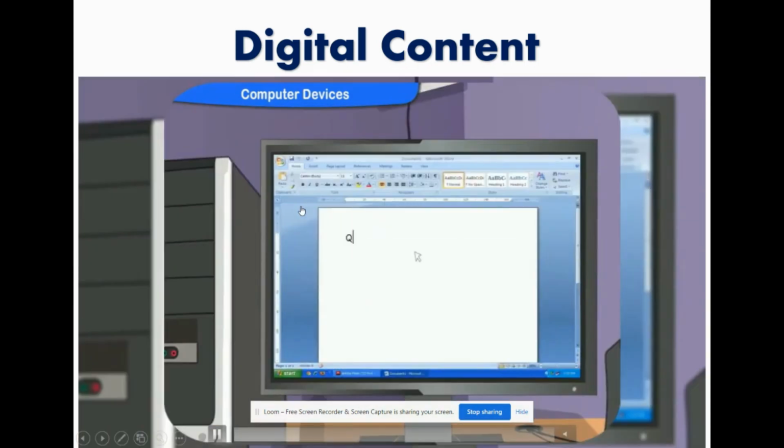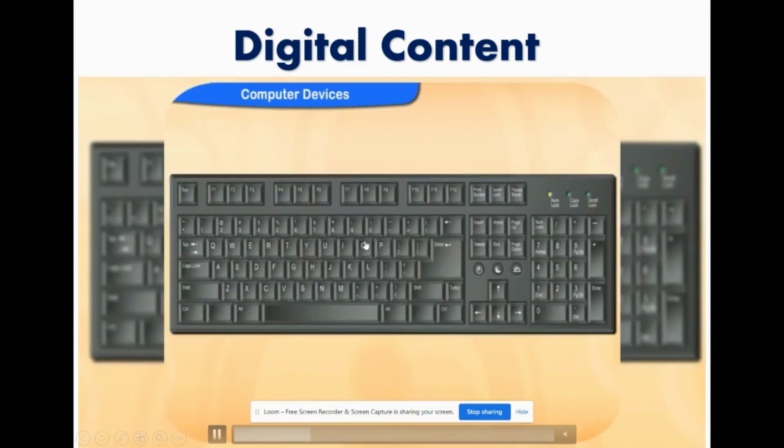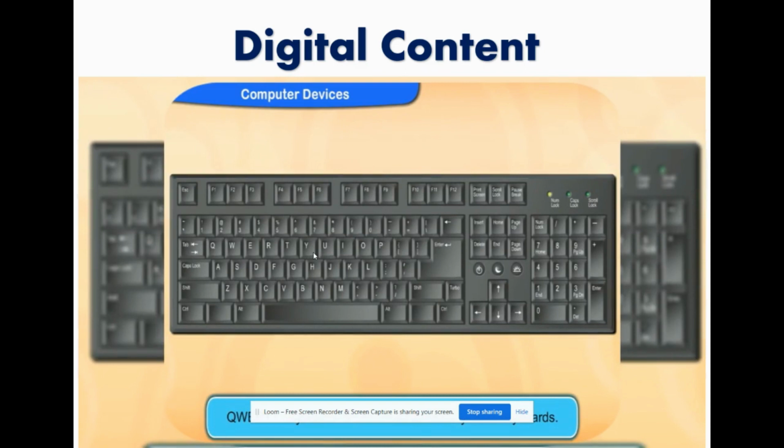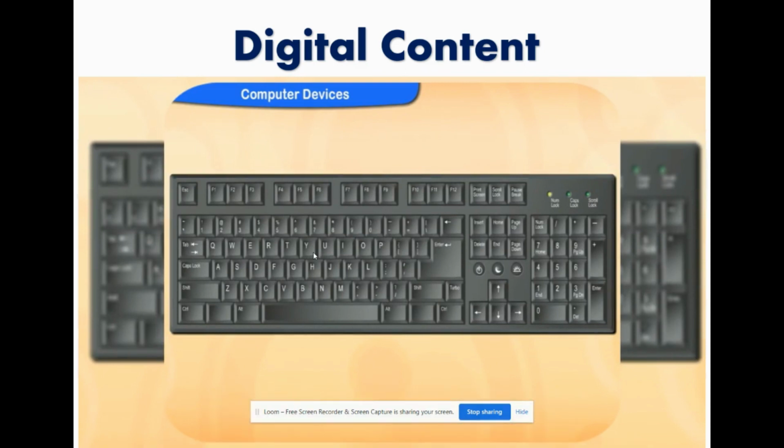Now let us see the practical. Here is the keyboard. When we type on the keyboard, we can see the output on the monitor because we are entering Q W E R T Y. The display, called the monitor, displays those values.